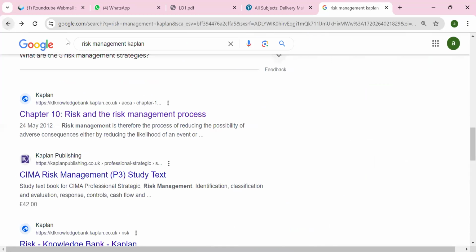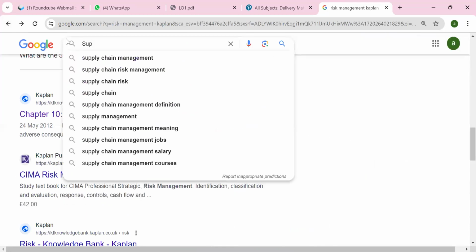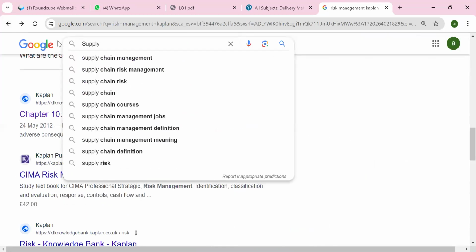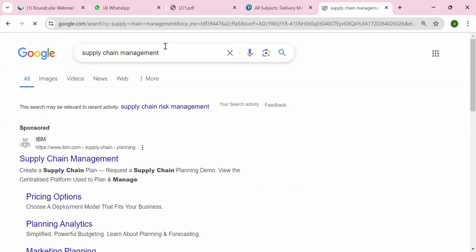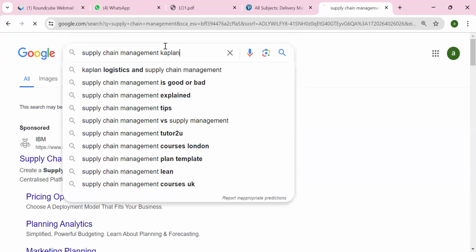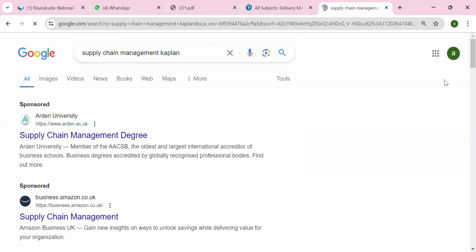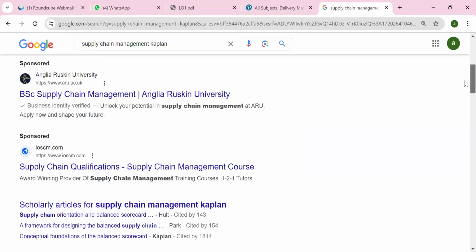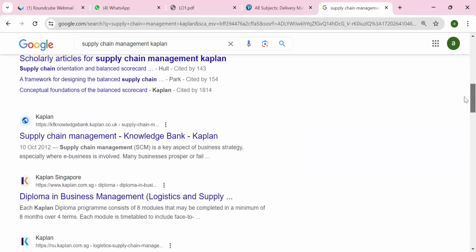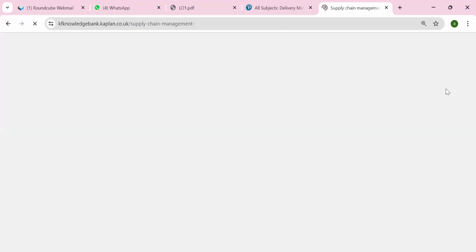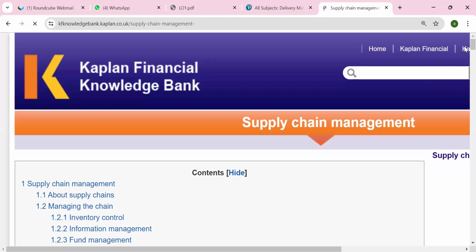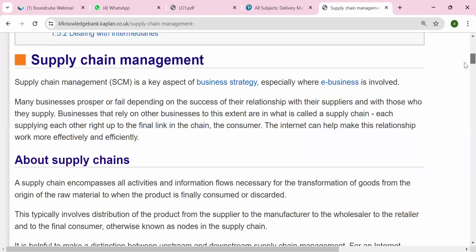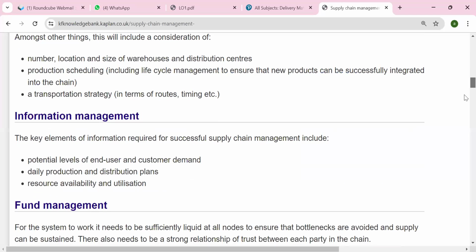And then we have supply chain management. Next to that, if you write the word Kaplan, you can find the chapter, again from Kaplan, a publisher, on supply chain management. That's quite good to look at within procurement, control, and inventory.